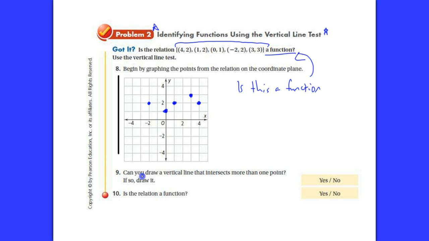Looking at number 9, it says, can you draw a vertical line that intersects more than one point? If so, draw it. In other words, at any time, does it intersect more than one point?